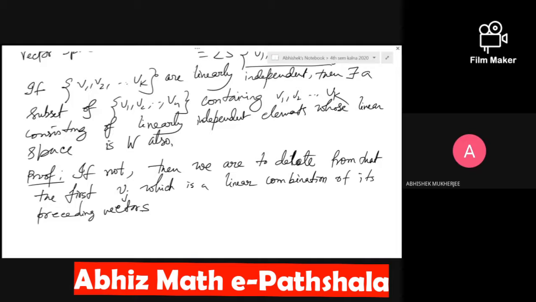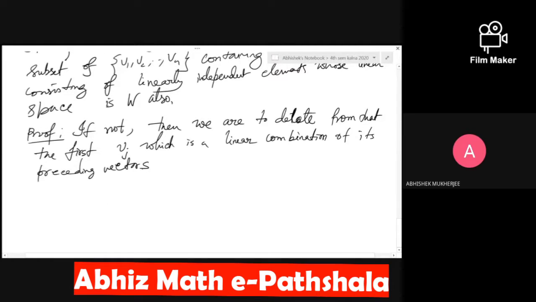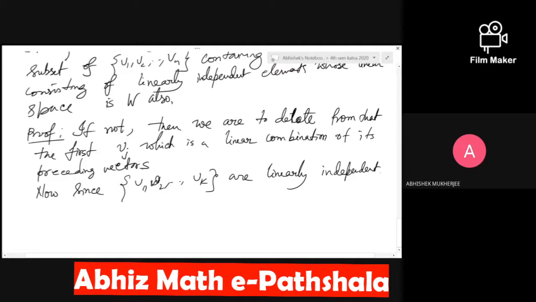So now since V1, V2, ..., Vk are linearly independent, we must have this j greater than k, because Vj has been expressed as a linear combination of the preceding vectors.